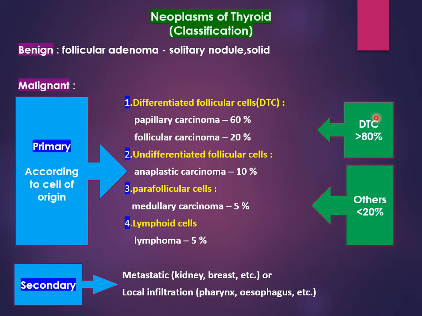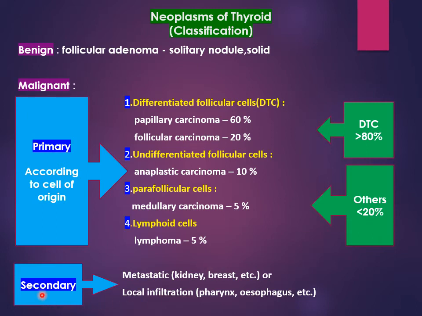Together, the differentiated thyroid cancers constitute more than 80% of the thyroid cancers. The second is the undifferentiated follicular cells, which produce anaplastic carcinoma. The parafollicular cells produce the medullary carcinoma, and the lymphoid cells within the thyroid produce the lymphoma. Together, these three groups of malignancies account for less than 20%.